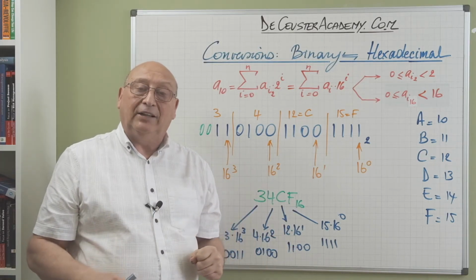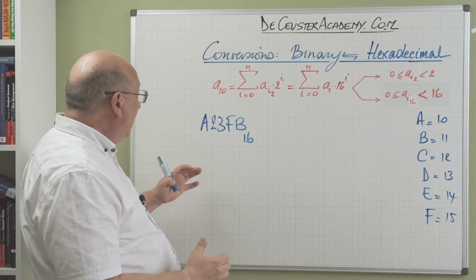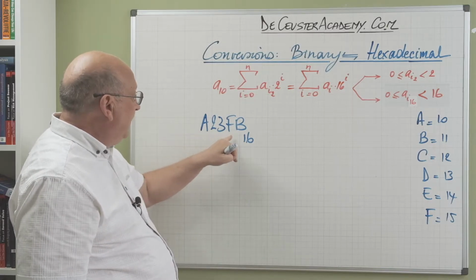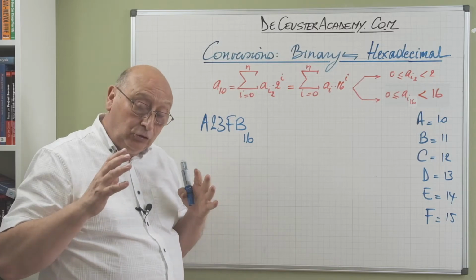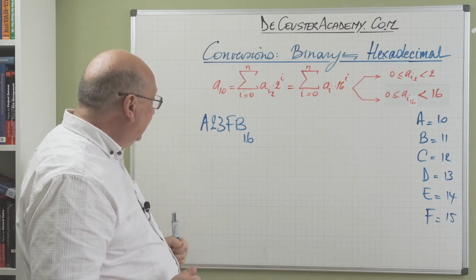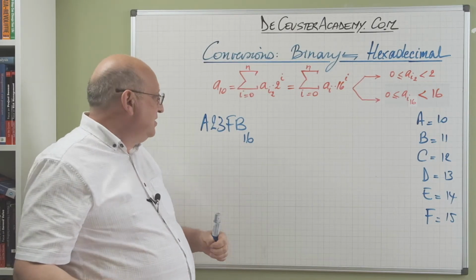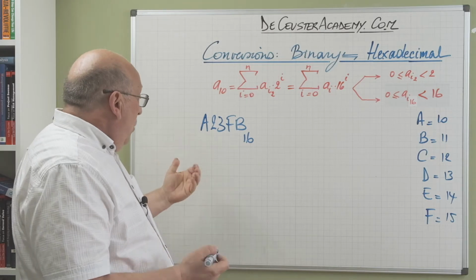But let's look at another exercise. Let us consider the hexadecimal number A23FB, index 16, to show that this is really a hexadecimal number, but we could deduce it immediately because we have A, F, and B in it. What does it mean?